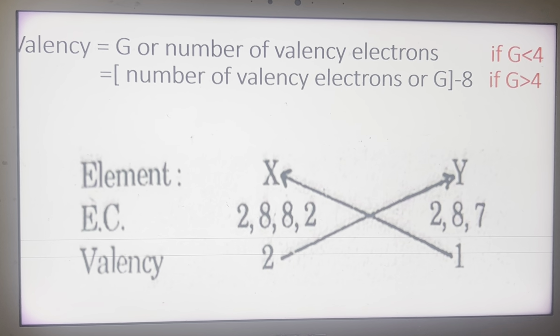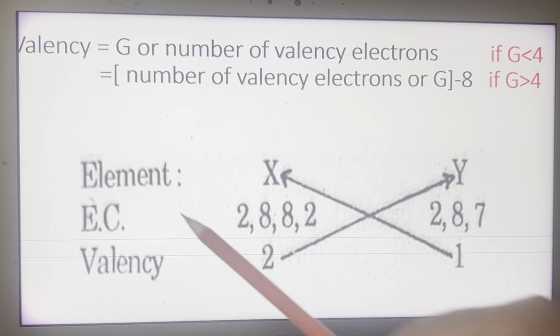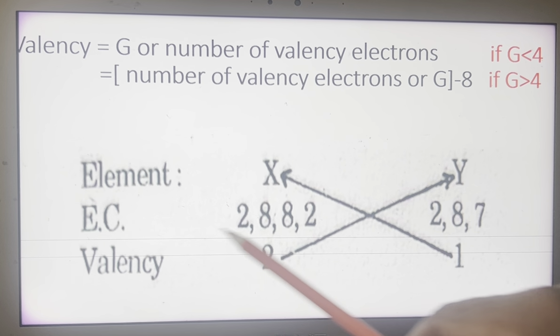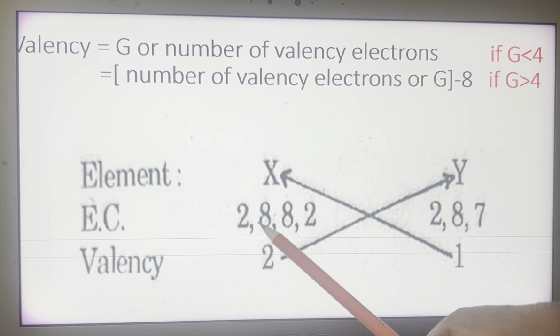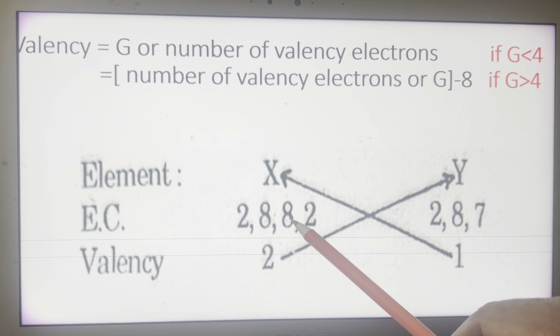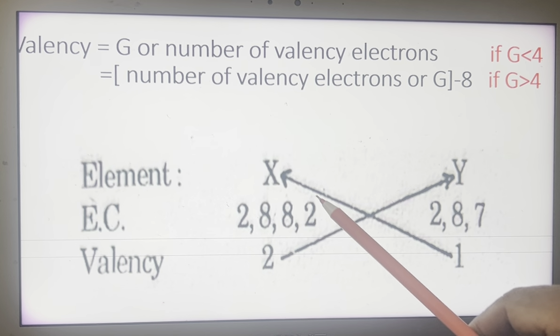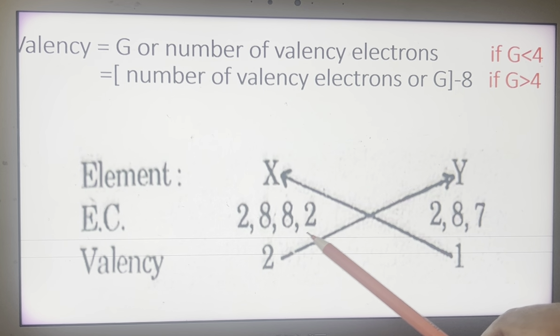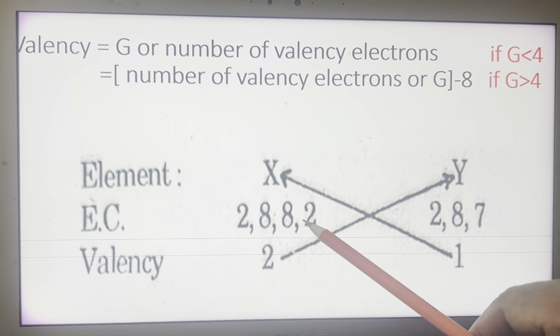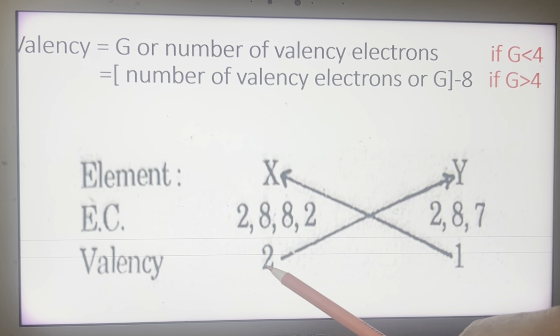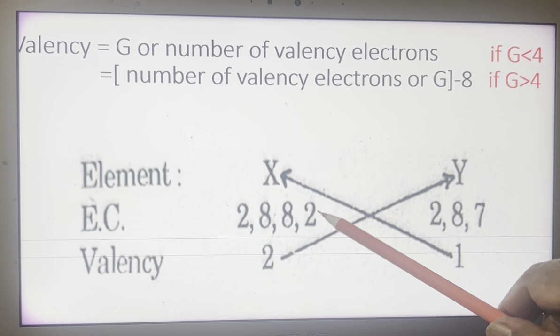So for example, take elements X and Y. EC means electron configuration. X's electron configuration is 1s2, 2s2, 2p6, 3s2, 3p6 and 4s2. 4s2 is the last valence shell, with 2 electrons. It belongs to the second group, so its valency is 2, and you can write 2+.